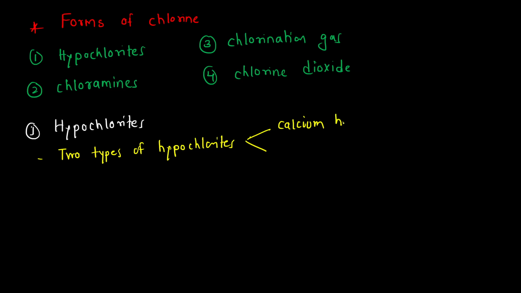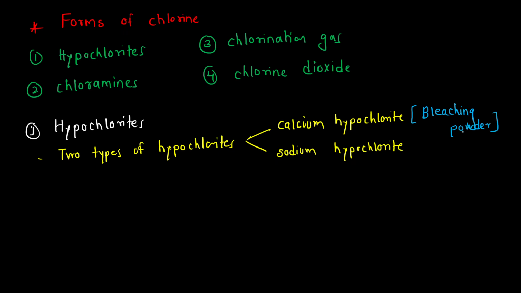So the name is very important, calcium hypochlorite. And the second one is called sodium hypochlorite. Now this calcium hypochlorite is called bleaching powder. So now you may be remembering that this bleaching powder is used in water. Okay, so for what it is used? It is used for the disinfection.